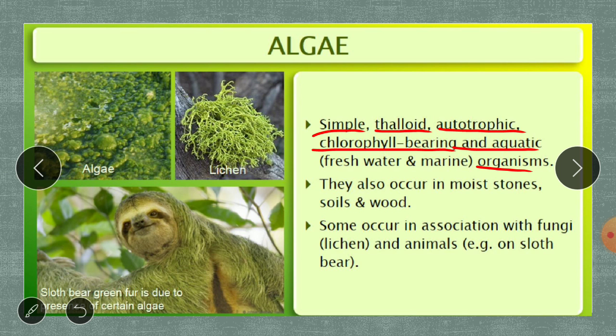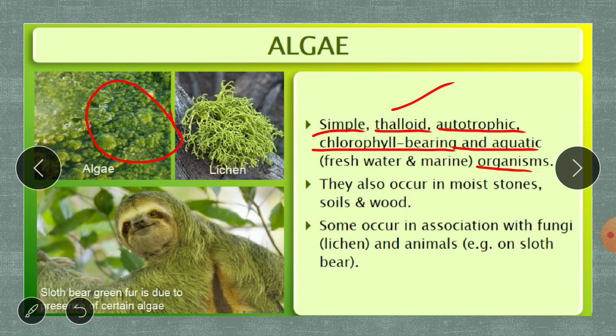The structure is not very complicated. They do not have any organ systems as such. Simple cells are present together, forming tissues, performing the different works of the plant. They are thalloid.